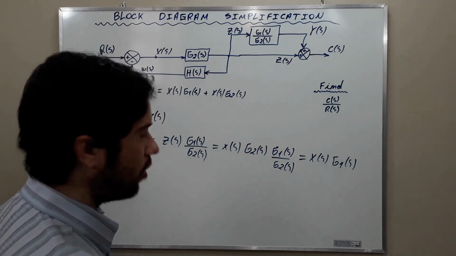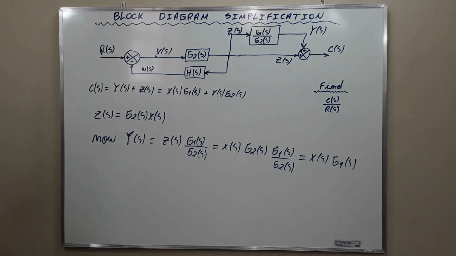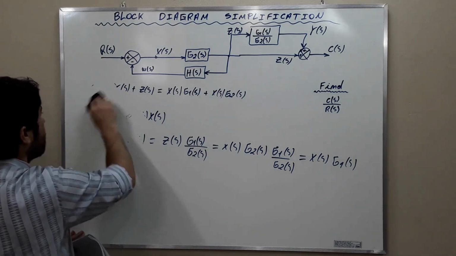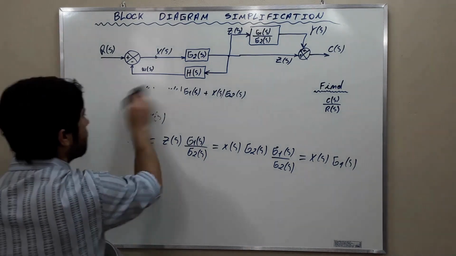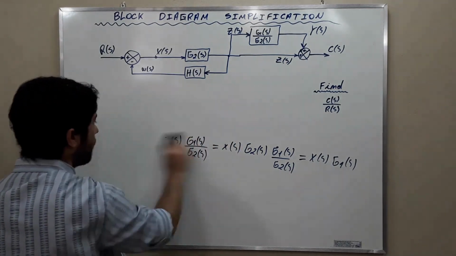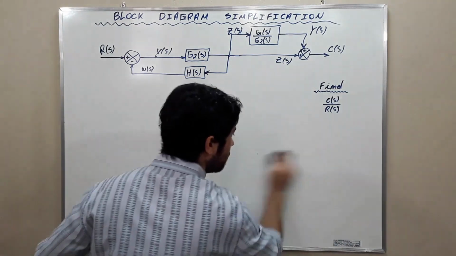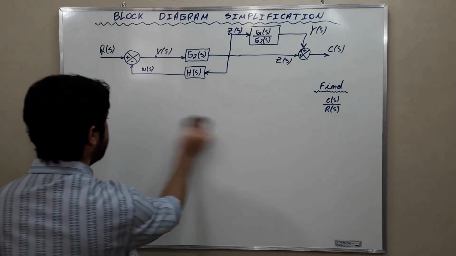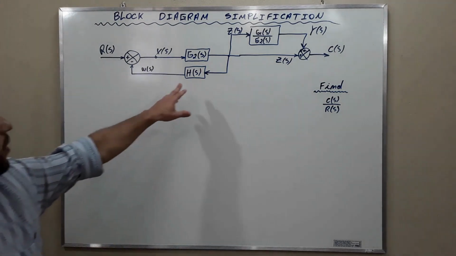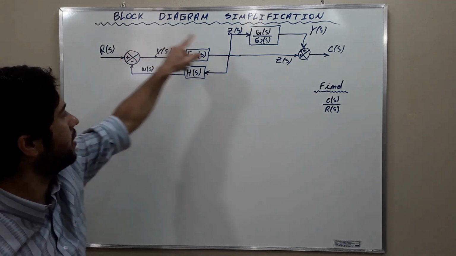Now let's go to the second move that we can make from this. To simplify this feedback, you can see here that now we have a feedback loop.